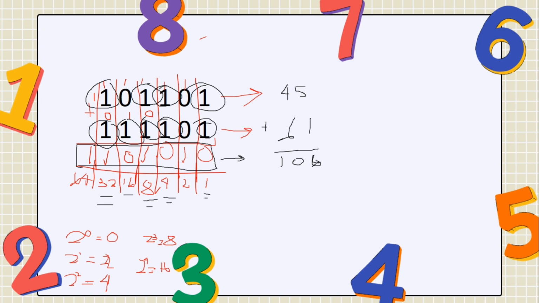So, identify always the number 1 lang ang imong pansinon. Don't mind the 0 because wala na. So for the number 1, 64 plus 32 plus 8 plus 2 equals 106.